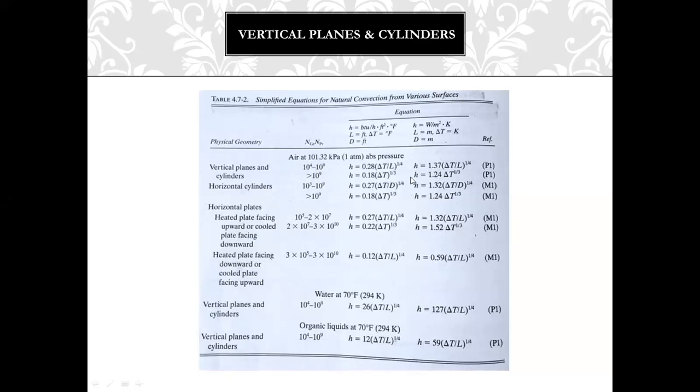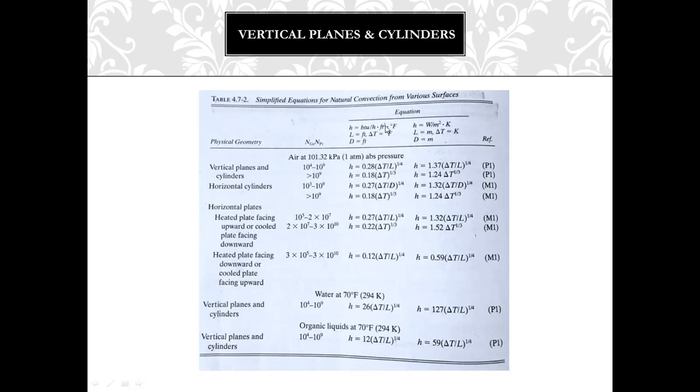And if we're going to use the English units, this will be our simplified formula for determining the heat transfer coefficient. But if you're working in SI units, this will be our formula rather: 1.32 times the ratio of the delta T to D raised to 1/4.